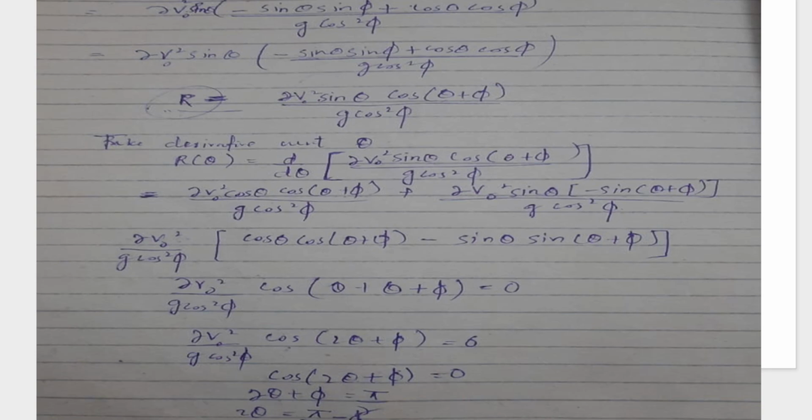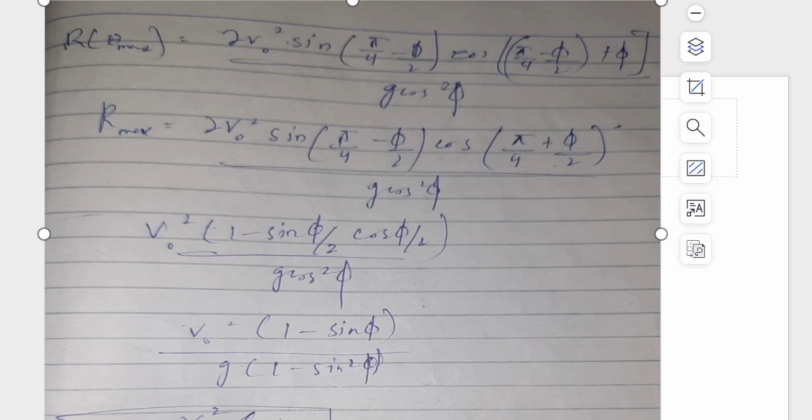When the ball is at maximum, this is the angle. Now put this angle into this formula again, because this is the maximum position of the ball. Now put this angle into this equation again.